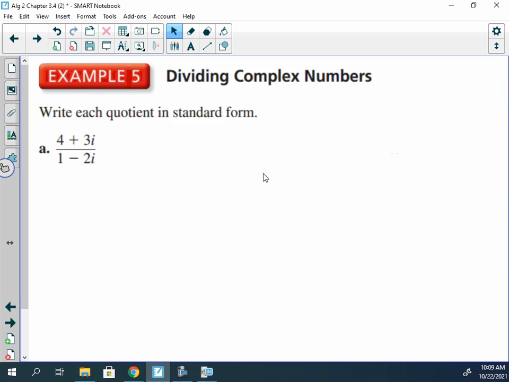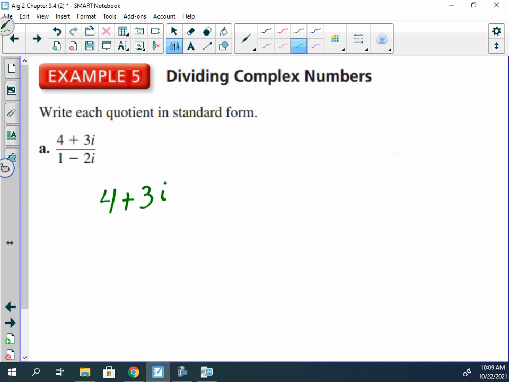But first, let's actually work through and see what it's doing. We cannot have imaginary terms in the denominator. We don't want them in the bottom of the fraction. Now, as we just saw with complex conjugates, if I multiplied 1 minus 2i by its complex conjugate, the i terms would cancel out.